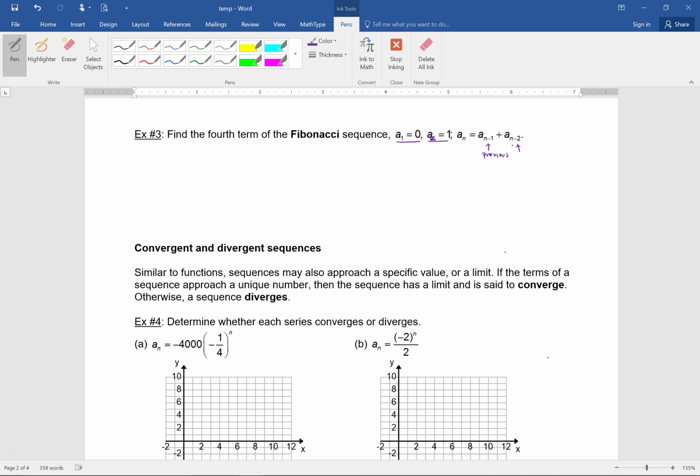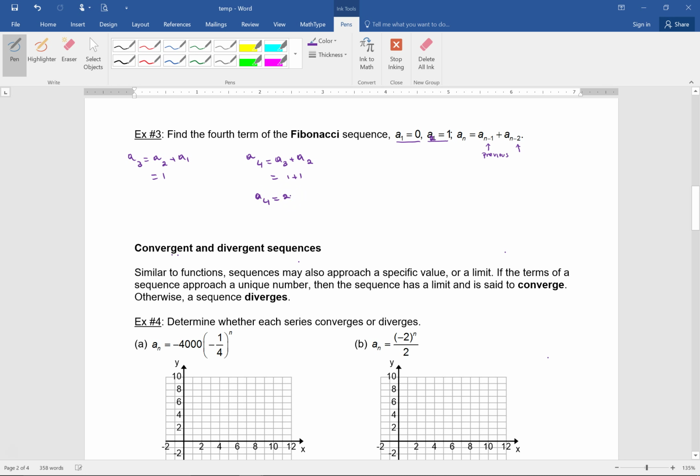All right, so here we have A1, A2. Well, first we need A3, and A3 would be the sum of A2 plus A1, which is equal to 1. So then A4 would be A3 plus A2, which is equal to 1 plus 1, which is equal to 2.